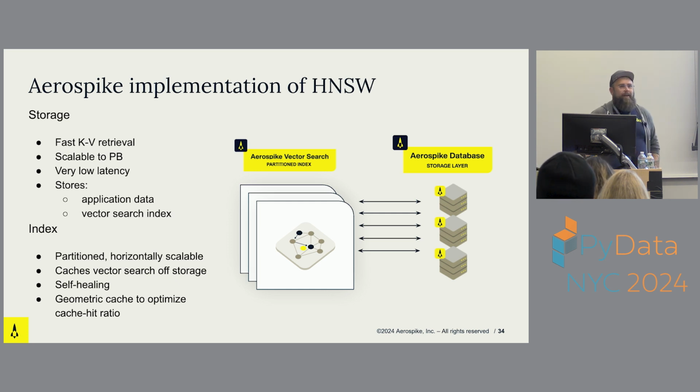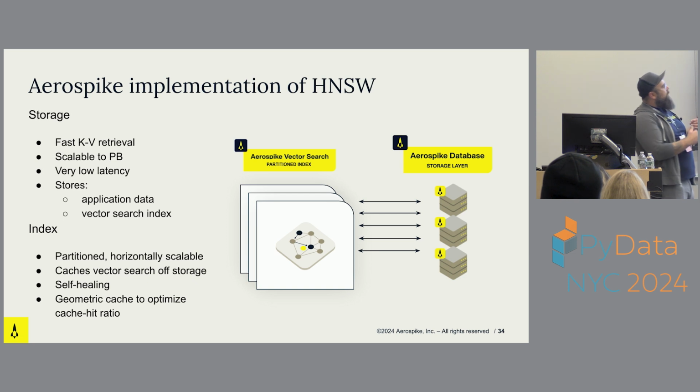I don't do sales, so I don't know how much the software costs, but probably not cheap. But we have a free version too. Anyway, we do this really fast key value store, and we do it in a way that allows you to distribute data across massive geos, individual clusters, all sorts of cool things.